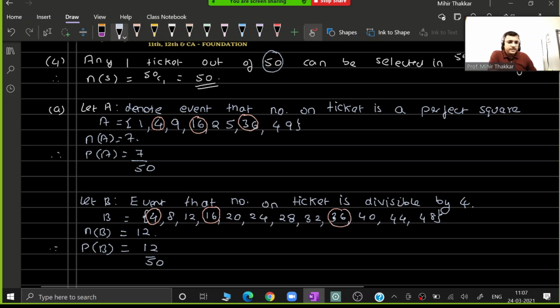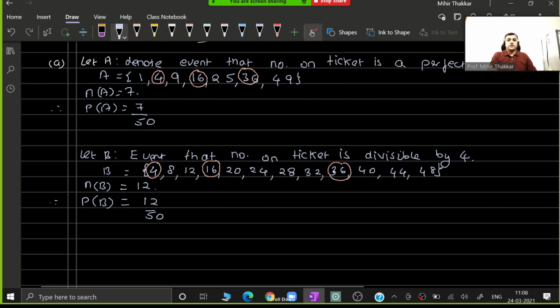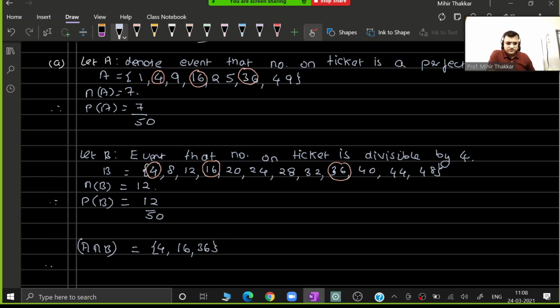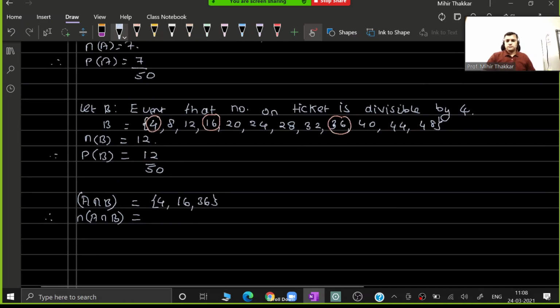So in this case, there are 3 favorable outcomes for A intersection B. A intersection B is 4, 16 and 36. N of A intersection B is equal to 3. P of A intersection B is equal to 3 upon 50.